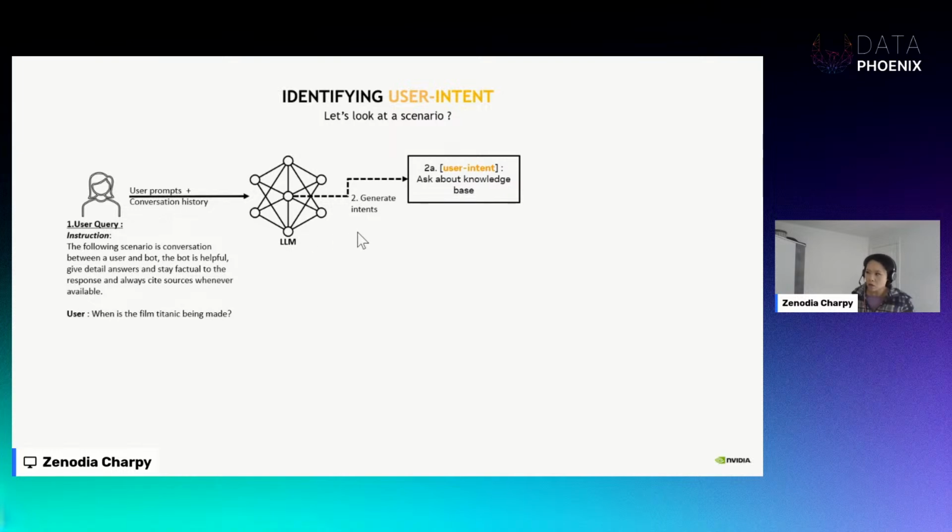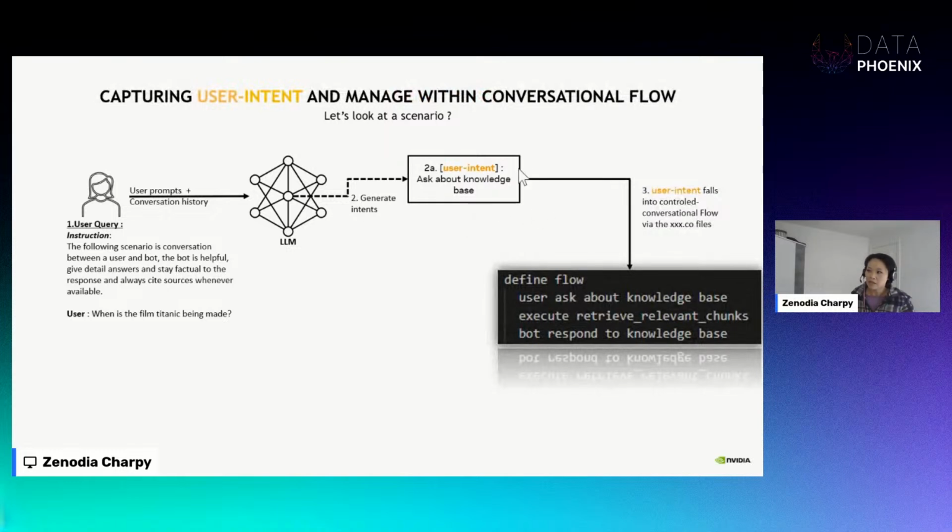NeMo Guardrails will ask the language model to generate intents from the user, and the intent from the user is ask about knowledge base. And this intent will trigger a conversational flow in something called the Colang file. It's also called the canonical forms, and you can see it match this, so it would execute a skill called retrieving relevant chunks, the retrieval augmentation, with the plugin knowledge base to the language model.